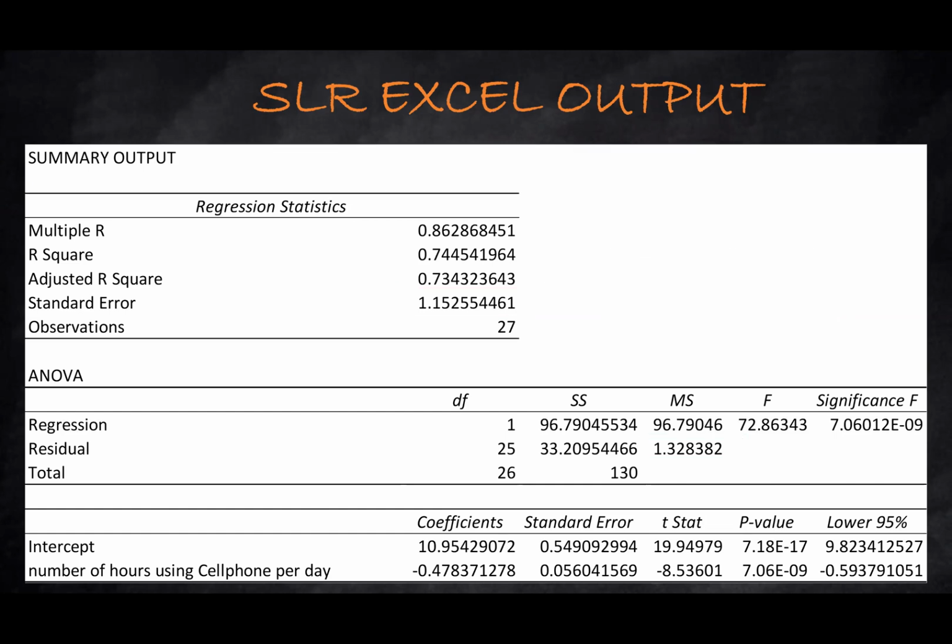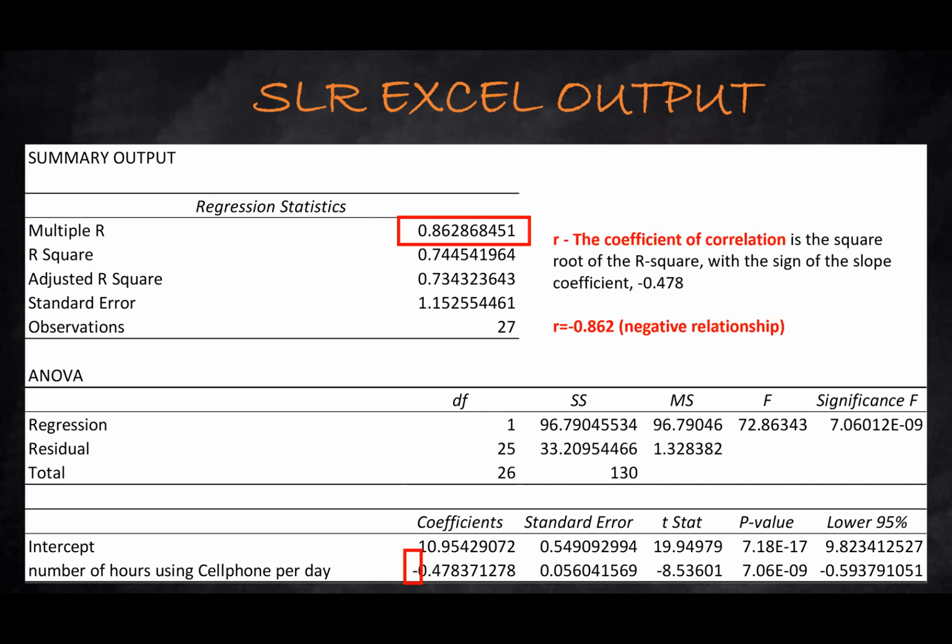The next portion is the multiple R. This is basically the coefficient of correlation, lowercase letter r, and it's the square root of the R squared. So when you take the square root of 0.744, you will get a positive number.